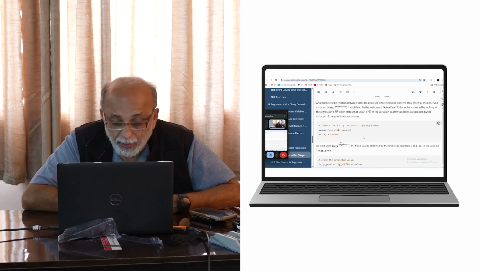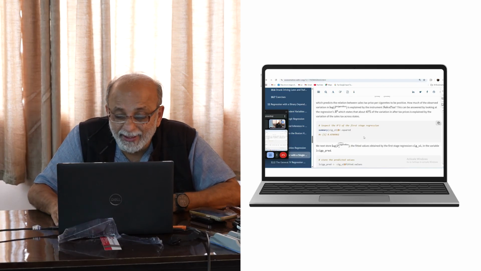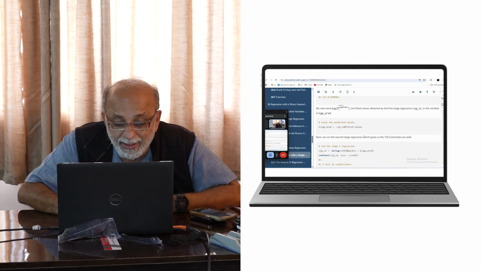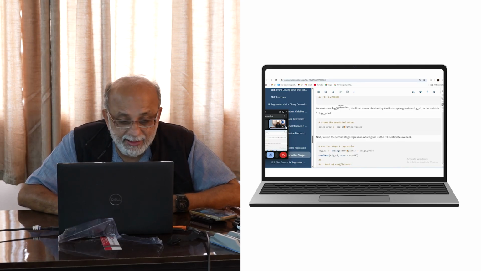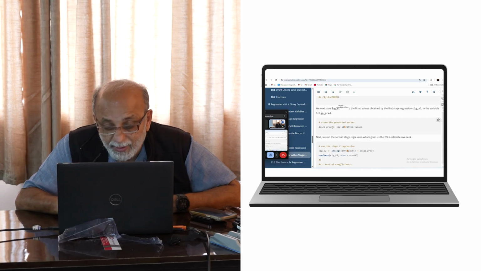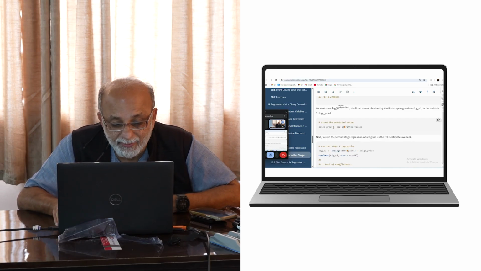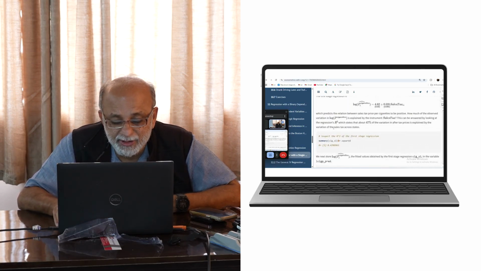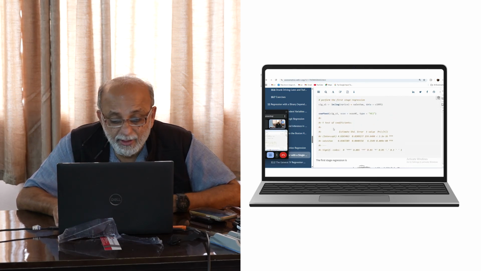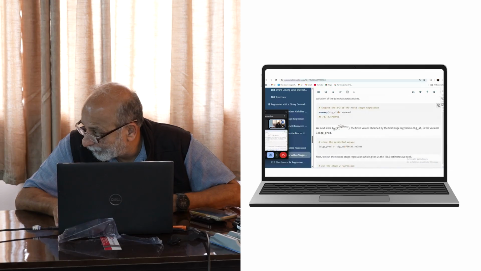Now get the predicted values, the fitted values, y hat, which can be done like this. LCPIG underscore pred, you give it whatever name. The model is called CIG S1, the first stage model. And then you take the adjusted R square.